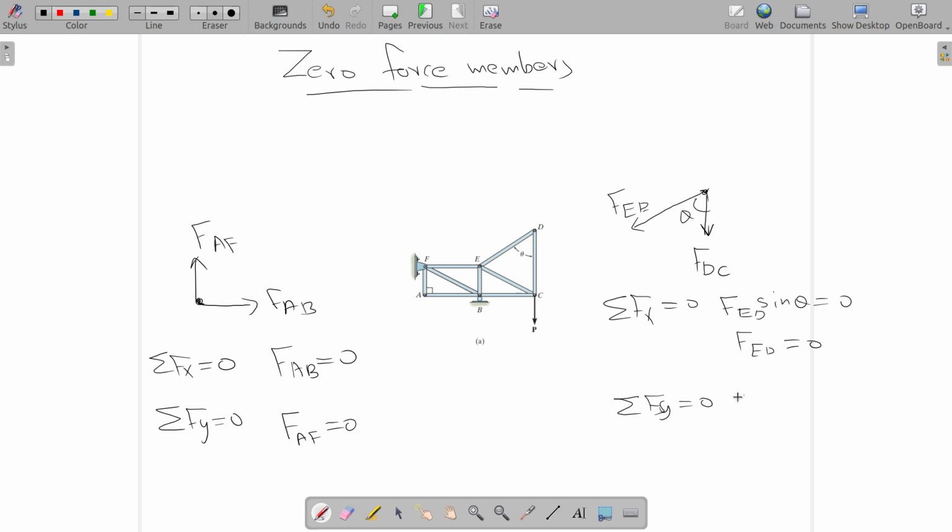That means minus FDC minus FED cos theta is 0. So FED is already 0. This term is 0, which means FDC is also 0. So how do we find out these 0 force members? So AF has 0 force, AB has 0 force, ED has 0 force, DC has 0 force.